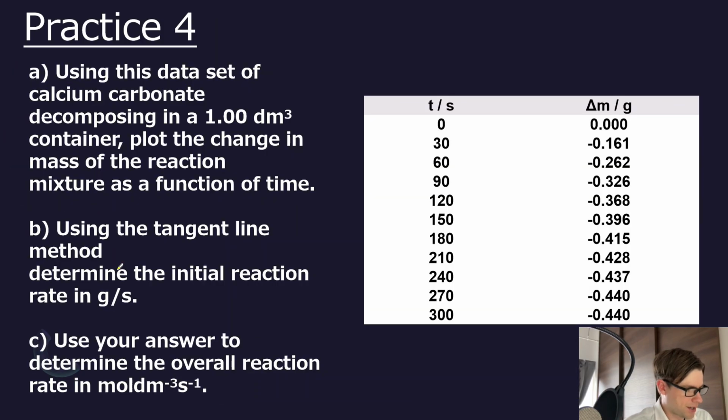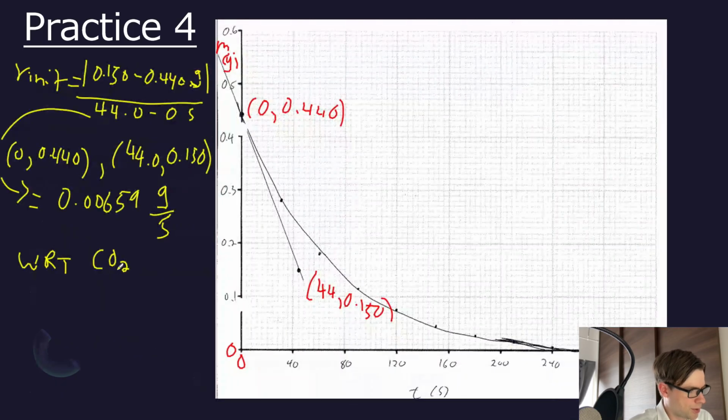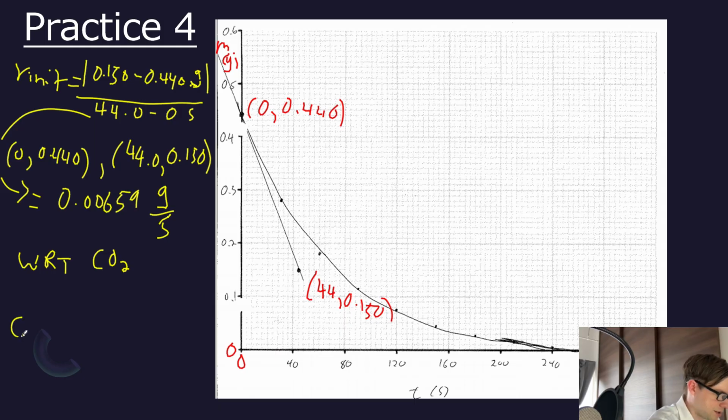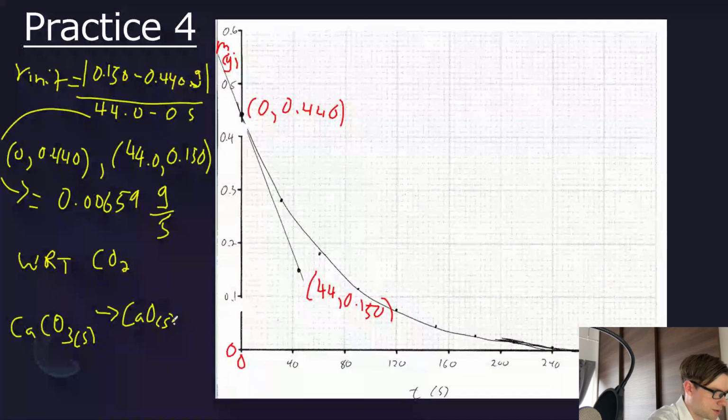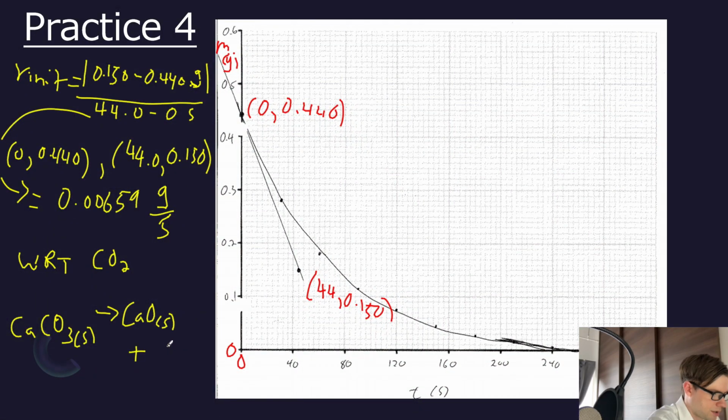If we go back, this says calcium carbonate decomposing. So it's basically just being heated up and broken into several pieces. So that reaction we should know is CaCO3, calcium carbonate, goes to calcium oxide, which remains a solid, plus CO2. So everything's 1-to-1 here. So we found with respect to CO2, that will also be the overall reaction rate.